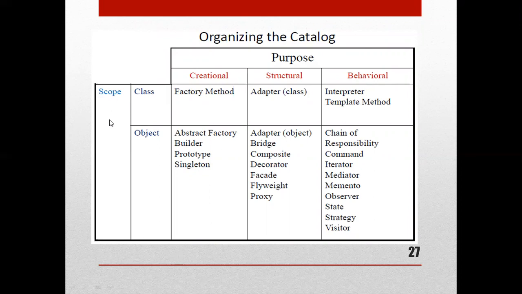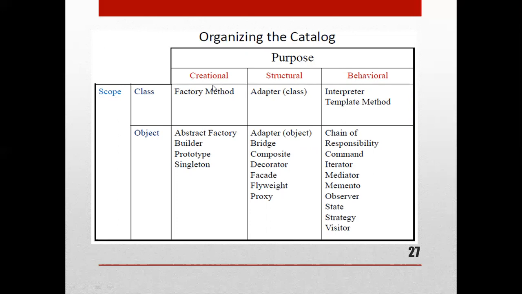Here you can see the scope. Okay, for purpose and scope, these are the two criteria for organizing. Purpose is creational, structural and behavioral. Then what is the scope? Scope may be class or object. Okay, so for class and objects, you can see the different design patterns under creational.